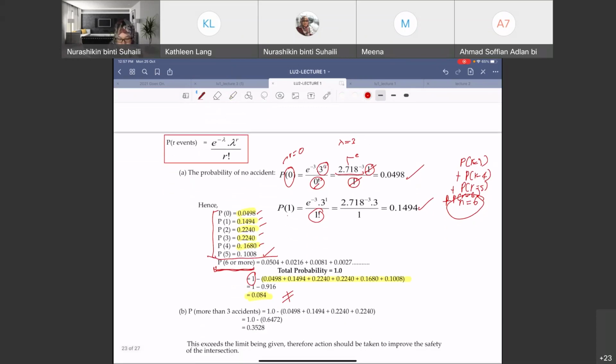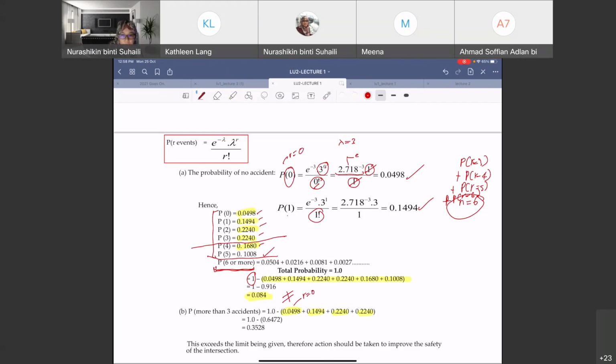If we want to say more than 3 accidents, it means more than 3 and above, so it starts with 4, right? If we want to find the probability of more than 3 accidents, we have to subtract those that are P(R=0), 1, 2, and 3. Don't forget that r equal to 0 is also included.